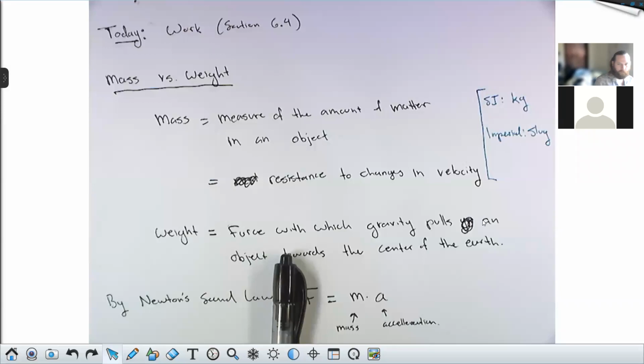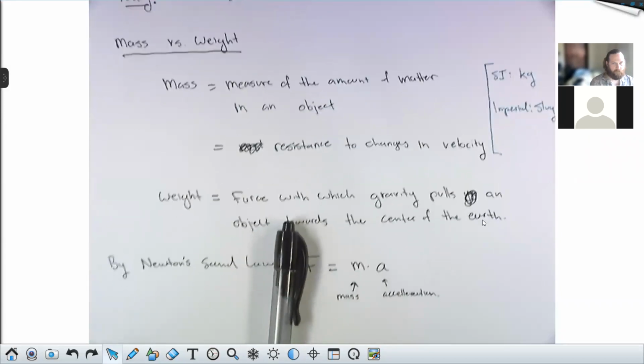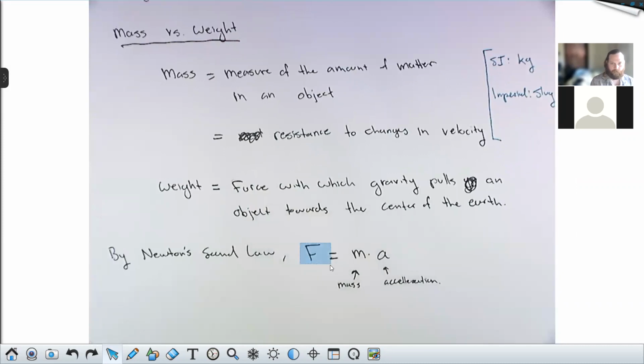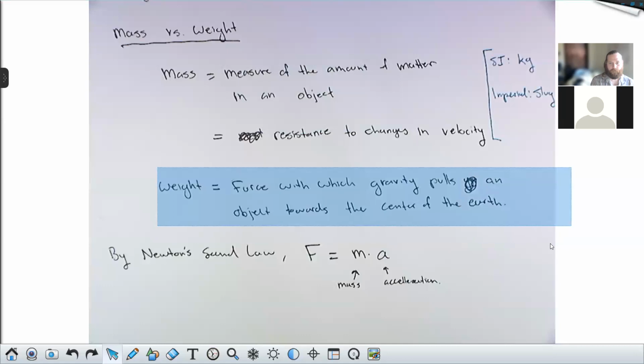The reason this is important for us is that in this section on work, we will need to know the force on a number of objects, usually due to gravity. And if that object's heaviness, if you like, is given as a mass, then you need to multiply by the acceleration due to gravity, which is usually estimated as 9.8 meters per second squared. If the heaviness of that object is given as a weight, then that's already a force. Okay.